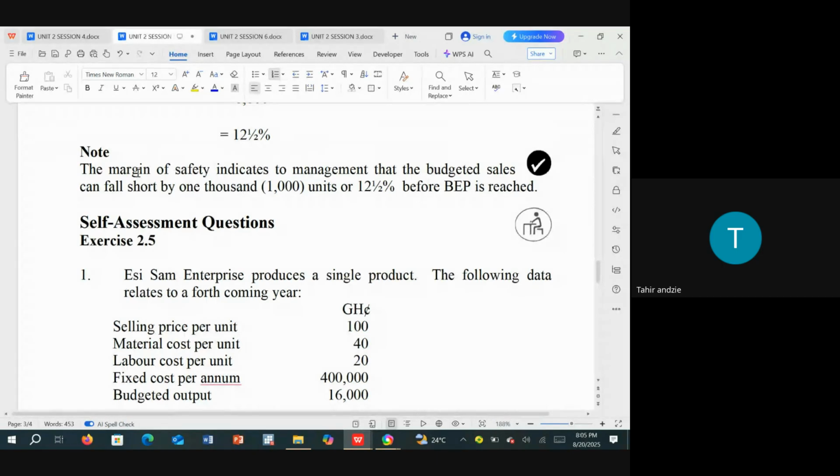The margin of safety shows the extent to which the budgeted sales will fall before the break-even point will be reached.